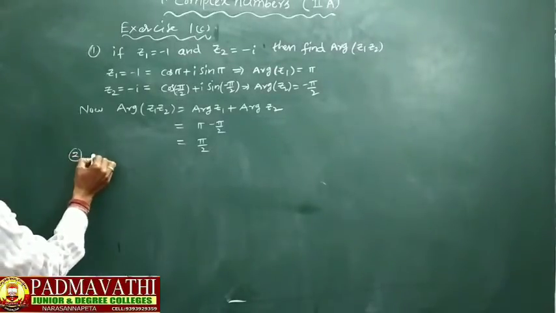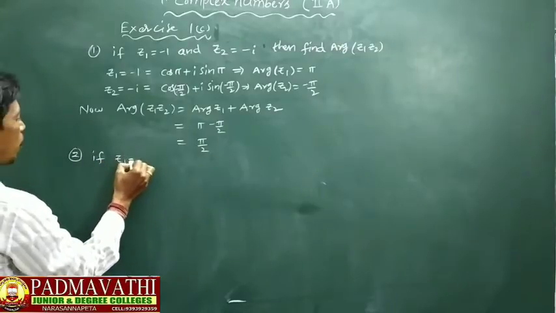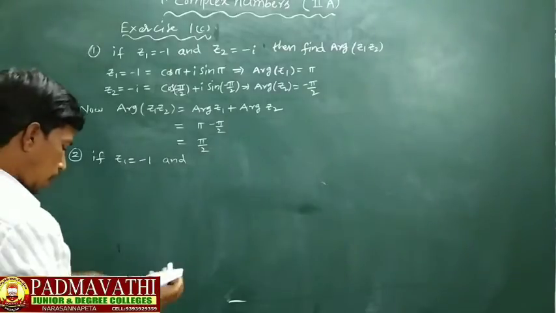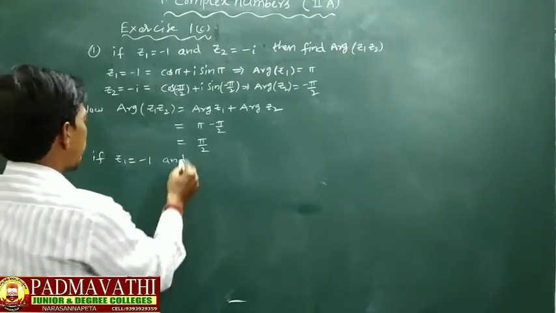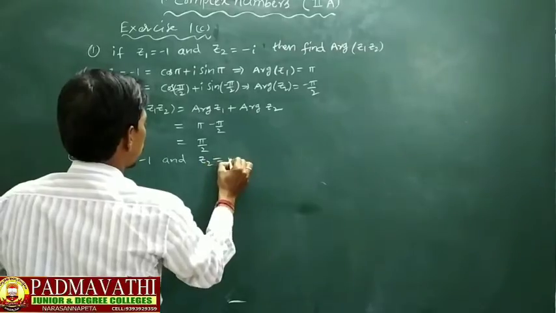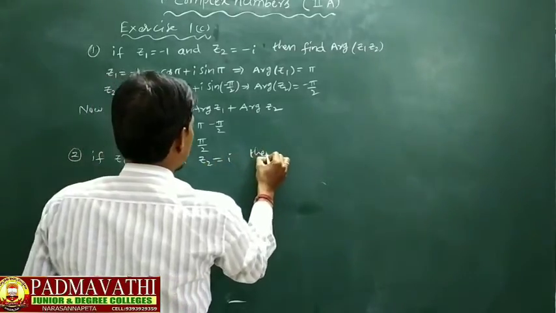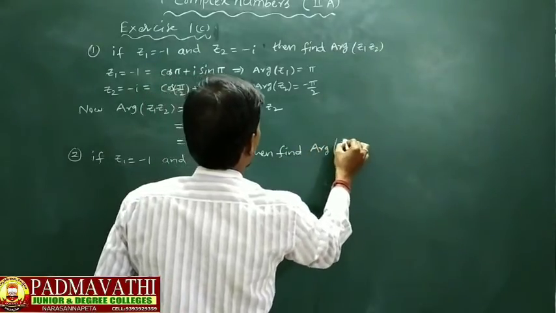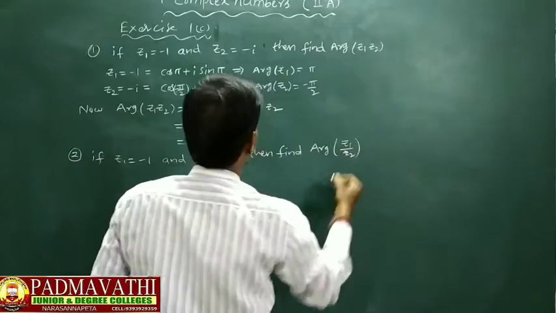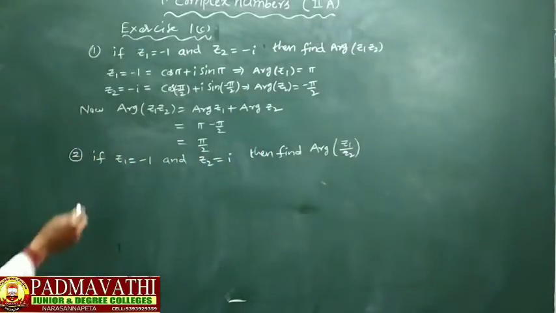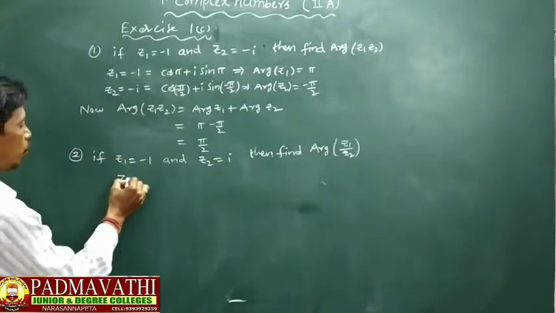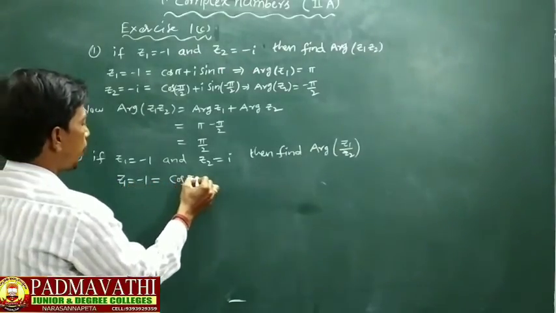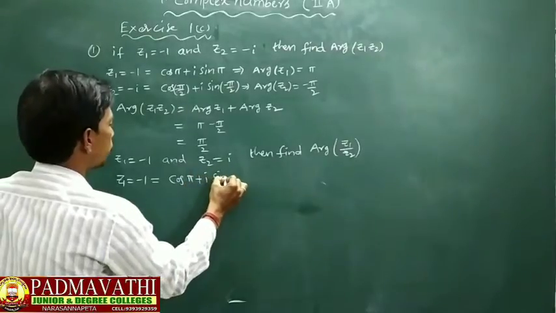Now the second one: if z1 equals minus 1 and z2 equals i, then find arg(z1 by z2). In a similar way, z1 equals minus 1, which is cos pi plus i sin pi.